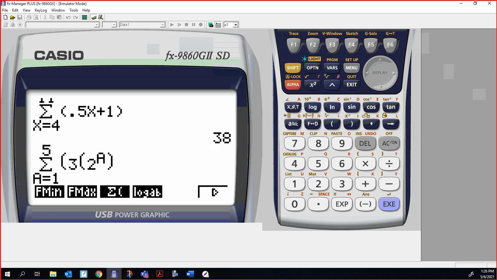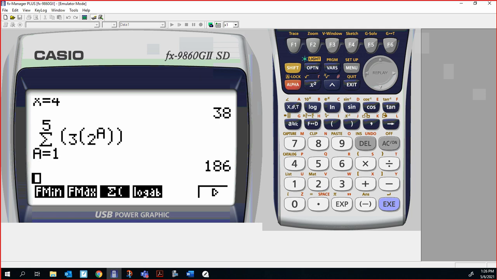I don't know why that won't work. Oh, I was just messing up parentheses. 186. I had 2 parentheses, I didn't close one of them.